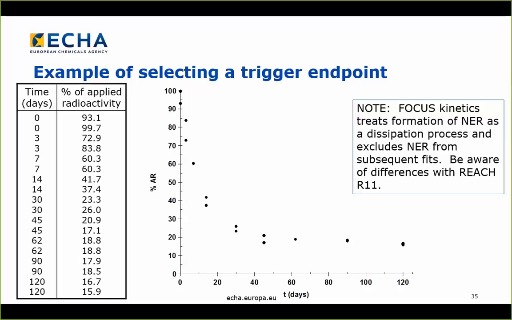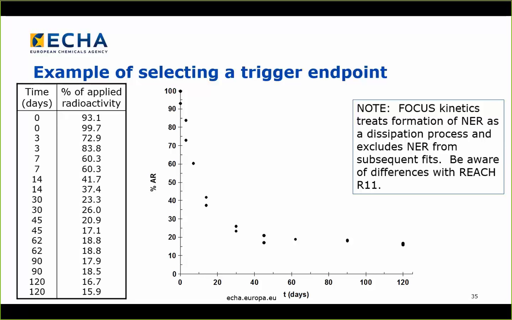One important thing to note is that the FOCUS kinetics guidance treats the formation of non-extractable residues as a dissipation process, and subsequently it excludes those NERs from the subsequent fitting. You need to be aware, if you're not already aware, that there are differences with the REACH R11 guidance, and Jan will take us through that tomorrow afternoon.